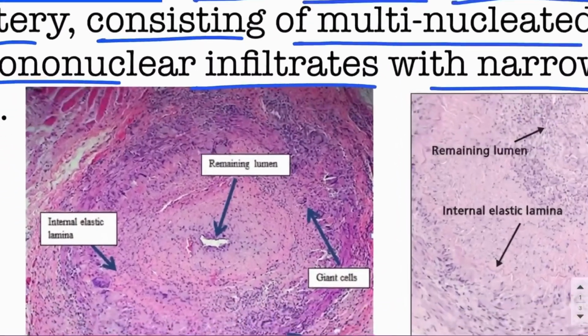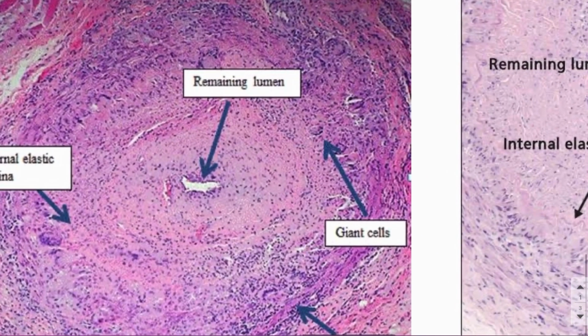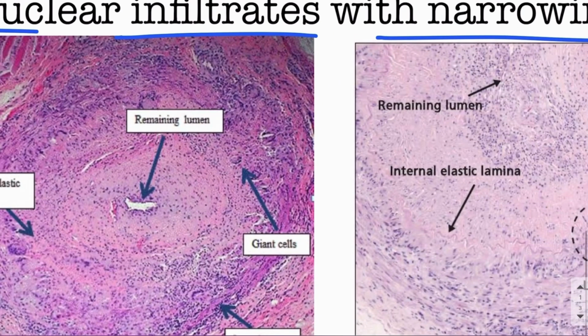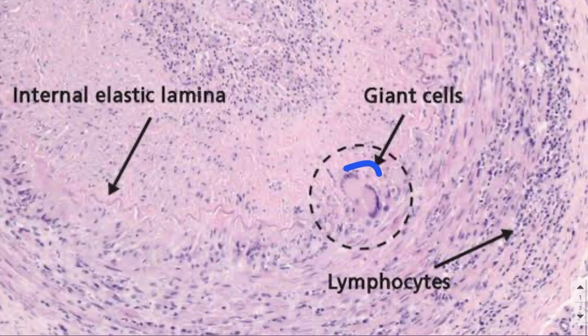So guys, over here you can see that this is the tunica media, and in the tunica media, what do you see? You see granulomatous inflammation with giant cells. So over here we can see the giant cells. This is another diagram showing the giant cells in the tunica media.